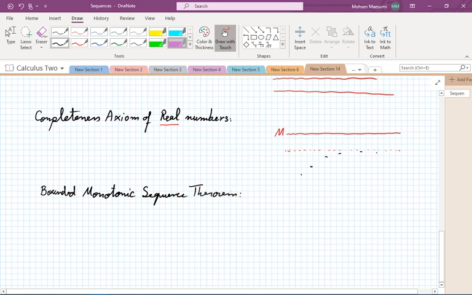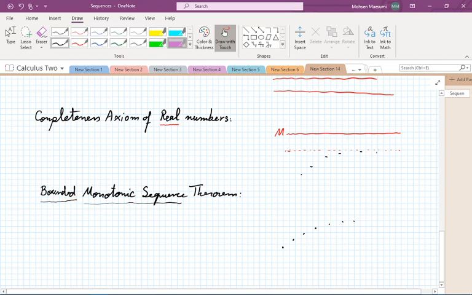Kind of a mouthful, but it says a very intuitive idea. So suppose I have a monotonic sequence. Monotonic, you remember what we said, is either going up or going down. So suppose I have a sequence that is non-decreasing, or simply stated increasing. Okay, so suppose I have a sequence that's going up, and in addition to that, it is bounded.